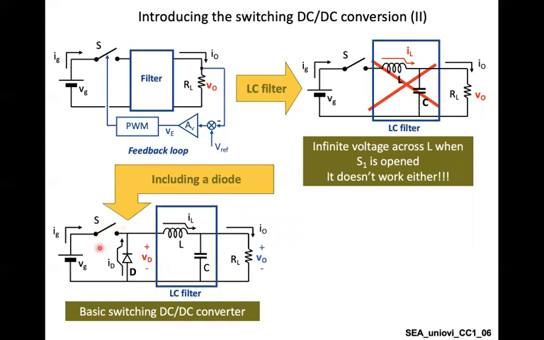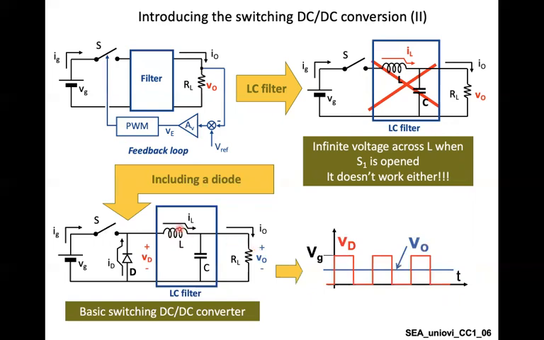Once this switch is turned off, the current flowing in the coil and in the resistance will return back, making this diode turn on as forward bias and closing the circuit. So now this diode will complete the edge missing here, if you can get it, my students. So we reach this structure as a very basic structure for a DC-DC converter.